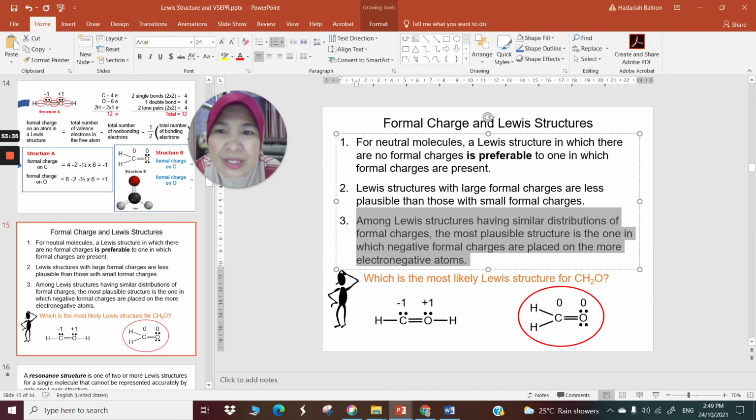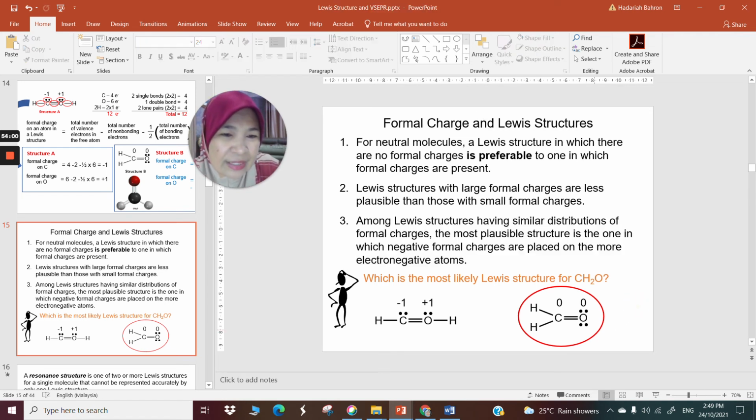But if you do encounter a situation like this, remember that if you have counted the formal charges of the atoms in that structure and you find that the most electronegative atom has the negative formal charge, then that's better. If the reverse, then it is not good.